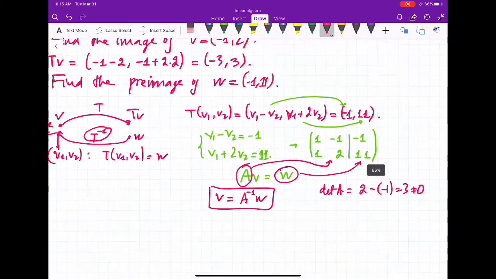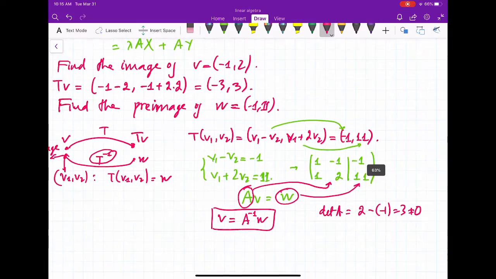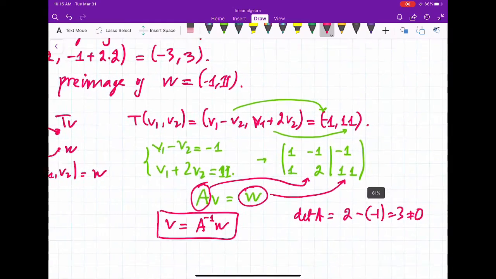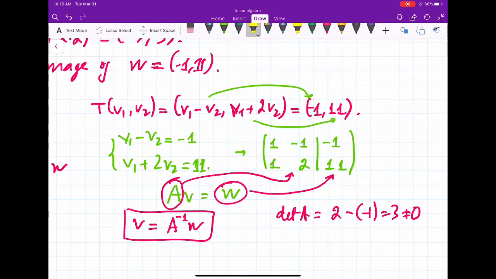Look at this. Look at the matrix A and the map T. The coefficients of the matrix are 1, negative 1. They are the coefficients of the first coordinate right here, 1 and negative 1. This is 1, this is negative 1. The second row of the matrix A is 1 and 2. They are right here, 1 and 2.